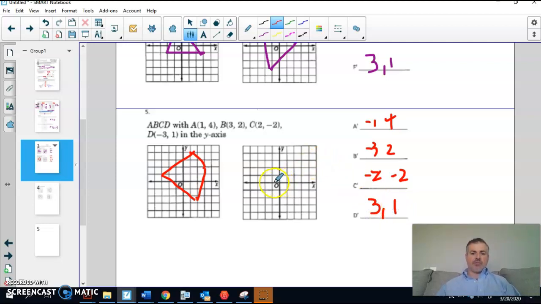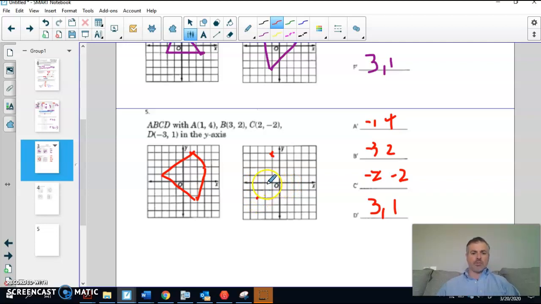So let's see what that looks like. -1, +1, 2, 3, 4. I kind of missed the spot there. -3, 1, 2, 3, down 1, 2. And then -2, or -2. So -2, -2.